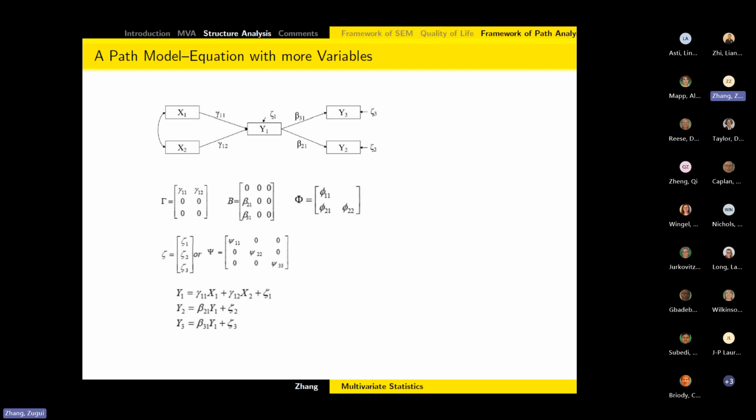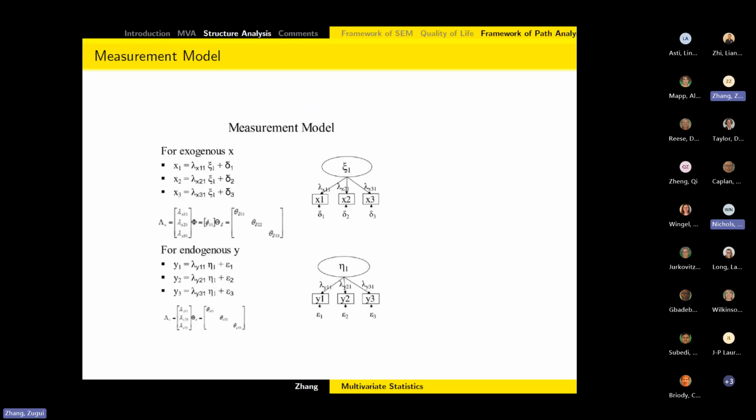So for example, we have angina, health related, overall, and also we may have mental health. So we could have this relationship.